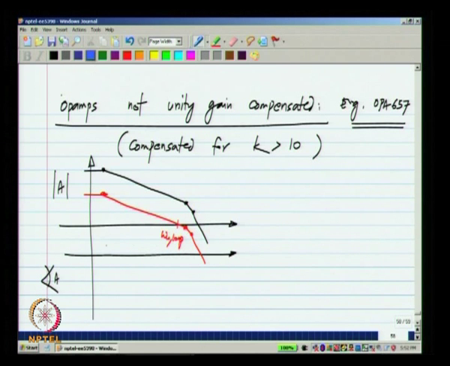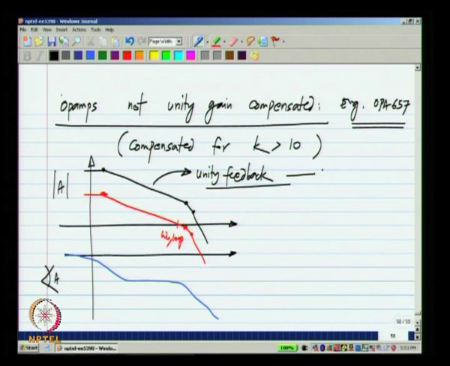The phase of course will be the same for both. This will be the loop gain for unity feedback, and it will be unstable, whereas this will be the gain for, let us say, k greater than 10, and it will be stable.